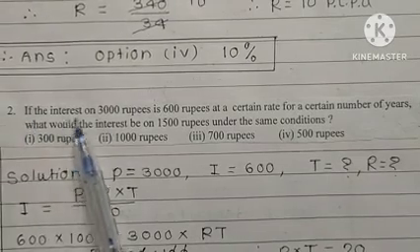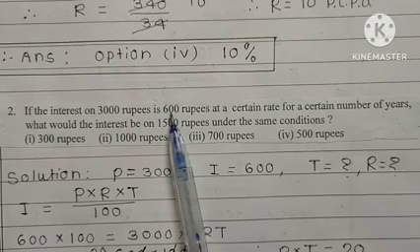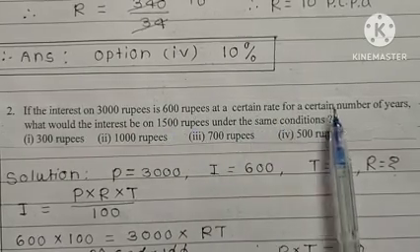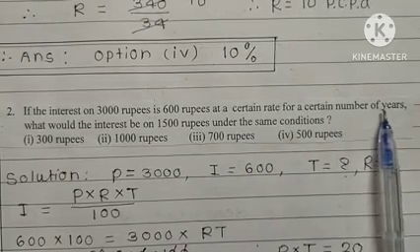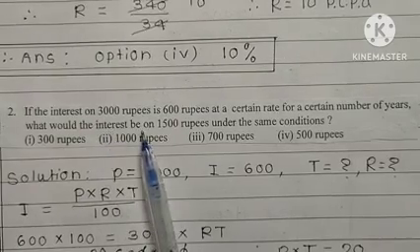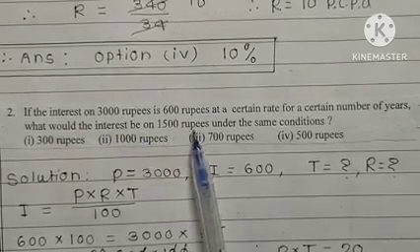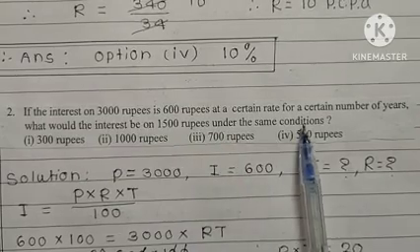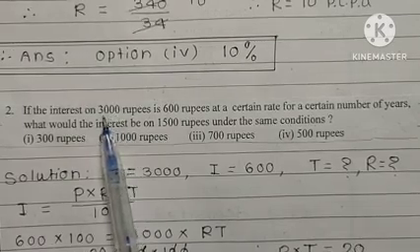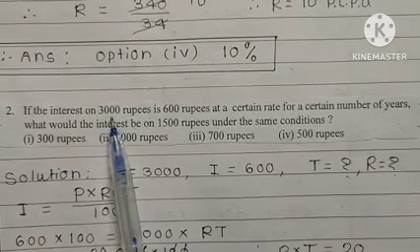Okay. Second example. If the interest on 3000 rupees is 600 rupees at a certain rate for a certain number of years, what would the interest be on 1500 rupees under the same condition? Here P, that is principal amount, 3000.